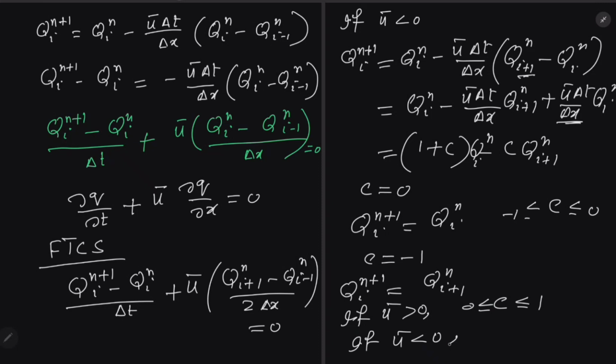If U bar is less than 0, C is minus 1 to 0. So C is between minus 1 and 1, for U bar either greater than 0 or less than 0. That's what we have probably seen before. The CFL number should be less than or equal to 1 in general, for either positive or negative velocity.